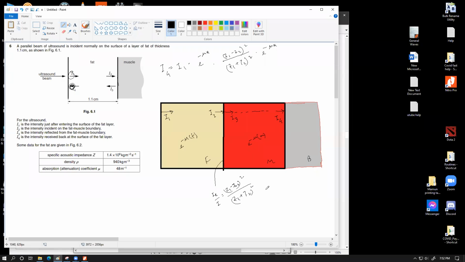This is the fraction that we use. Let's say this part is the reflection factor for fat muscle. And over here in this boundary, we're going to have a similar factor. Let's name that reflected by incident, given by the reflection factor for muscle and bone.